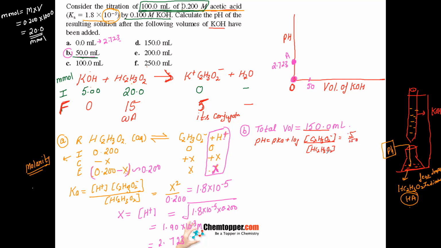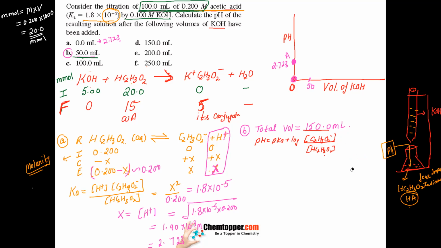And for this also, I'll take 15 divided by 150 because volume is same for both of them. Don't you think the volume cancelled? So rather than taking the concentration, you can take the ratio of the millimoles because their volume is same. It's a ratio. So volumes cancel out.